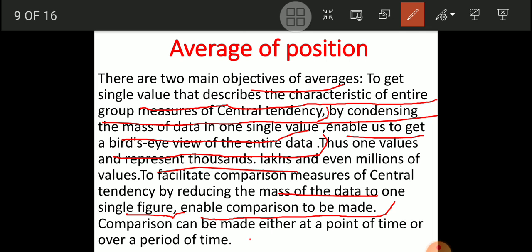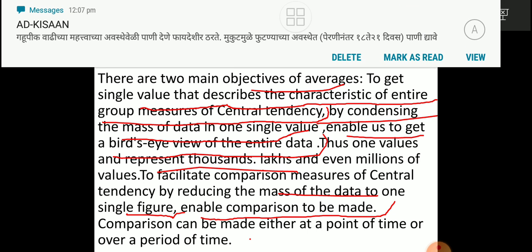So one sentence I will tell you: in our hand we have lakhs of observations, but with the help of the average we have to take out a single value, and that single value represents the whole data.